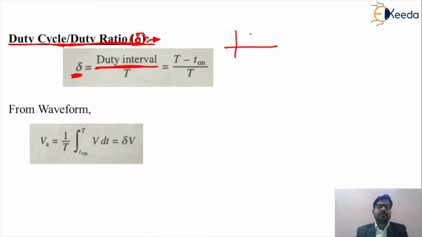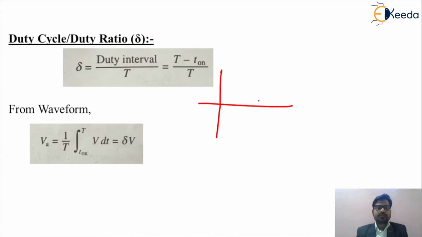So this will be the VA, this will be the IA1, this will be the IA2. I can draw here for your understanding, so we can get the actual concept. This will be your time, omega t.